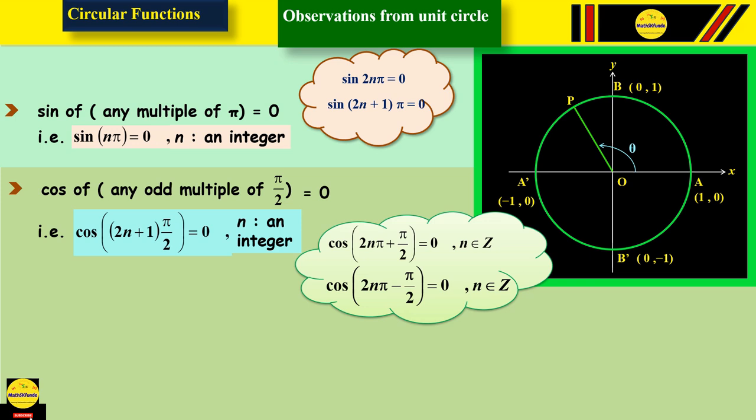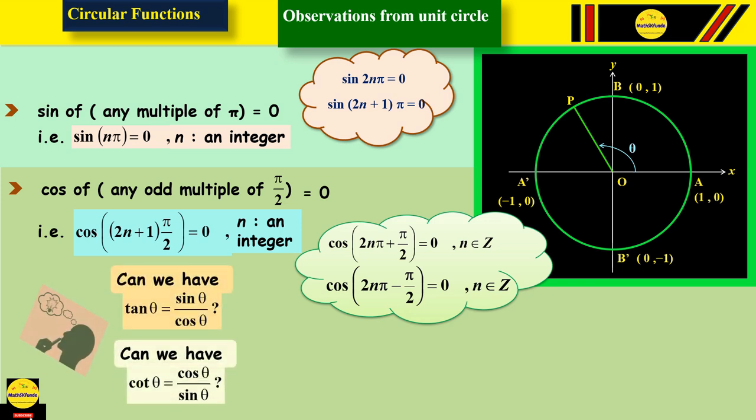Now why must I have written this separately? Because now sine of some angle is 0 or cos of some angle is 0. Now this may trouble us in understanding our previous trigonometric ratios which we learnt in our previous classes. See, what was tan theta? Tan theta was sin theta upon cos theta. Here cos theta is appearing in the denominator. Now can cos theta be 0?